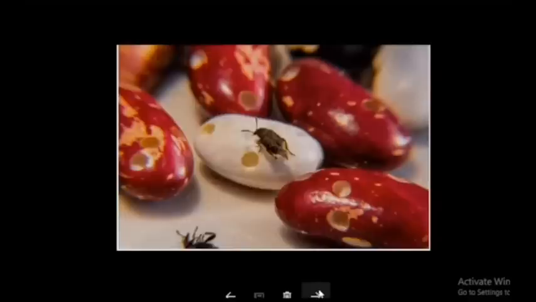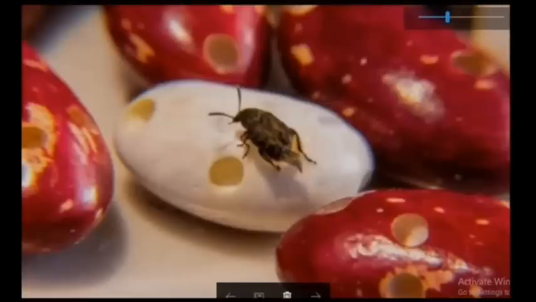Let me show us another example. You can see some of these bean seeds with holes. They have been eaten up by bugs. You can see the weevil on it, and so they have created holes on the seed. That's why we said that the economic importance of this bean weevil is that they destroy seeds.